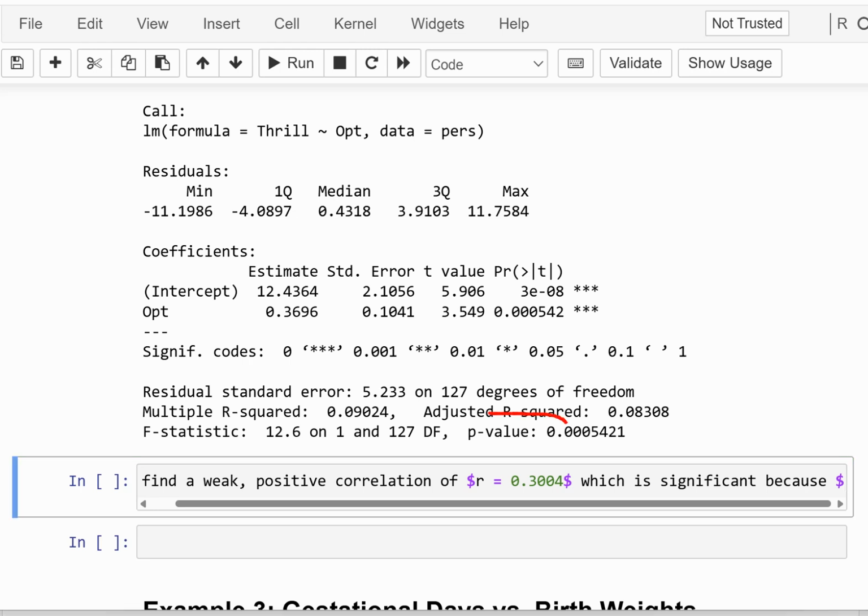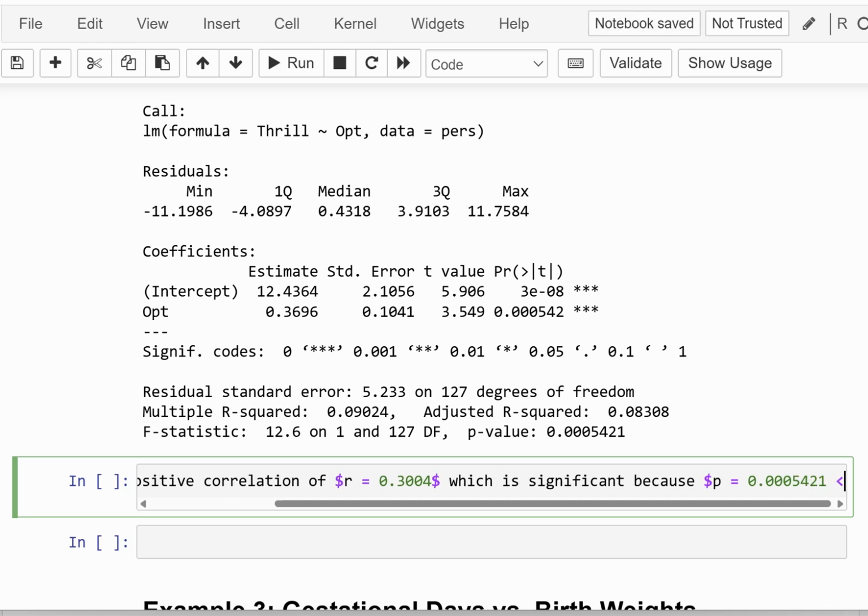Now I'm looking at this p-value, which also matches the p-value in the model, as you'll notice. So the slope is significant, and also the intercept is significant. So R is testing both parameters in the line of best fit, and they both turn out to be significant, although the correlation goes along with the slope. That's why we're using p equals 0.000542, which is less than 0.05, which equals alpha.